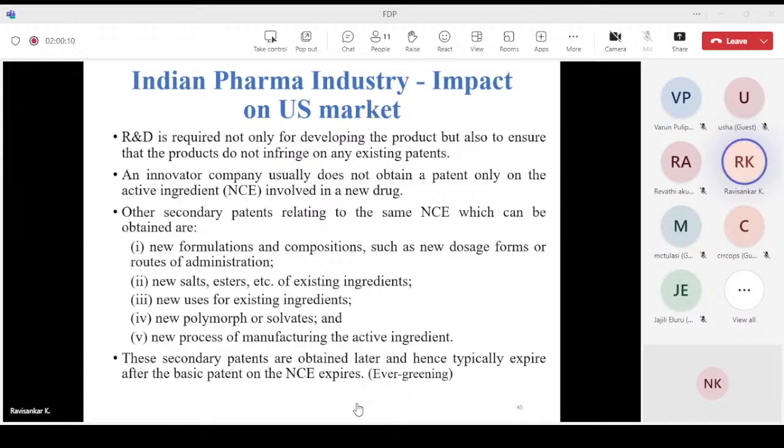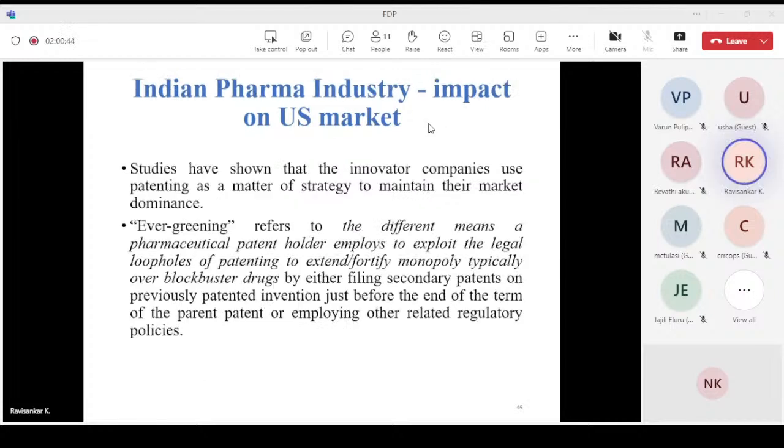Coca-Cola is never patented; it is only maintained as an industrial design and trade secret. But innovators will file several secondary patents like new formulations, new compositions, new routes of administration, new salts, new uses of already existing drugs, new polymorphs, and new processes for manufacturing the drug. These secondary patents are obtained later, and hence they expire after the basic patent. Nobody can produce a drink with exactly the same taste. So this is nothing but evergreening. This is one of the best trade secrets.